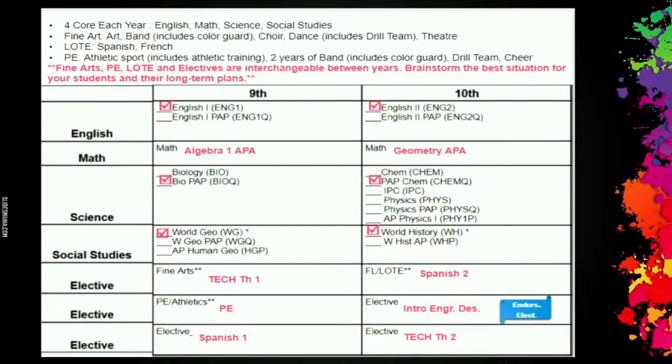He's taking APA Chemistry, and he's going to take regular World History. He's going to complete his Spanish 2 requirement because he took Spanish 1 his freshman year. Now he's completing his second credit of the same foreign language. He's doing Intro to Engineering Design as the first principal course for his STEM pathway that he chose for the endorsement. And then Technical Theater 2.